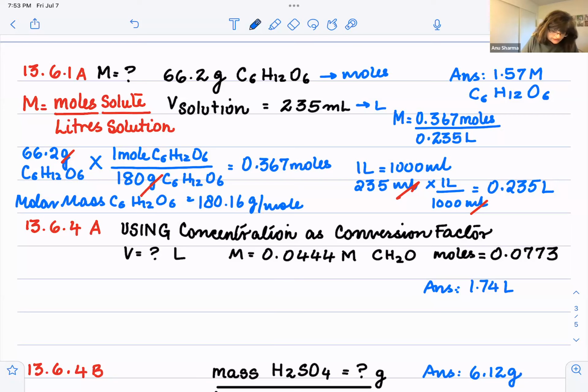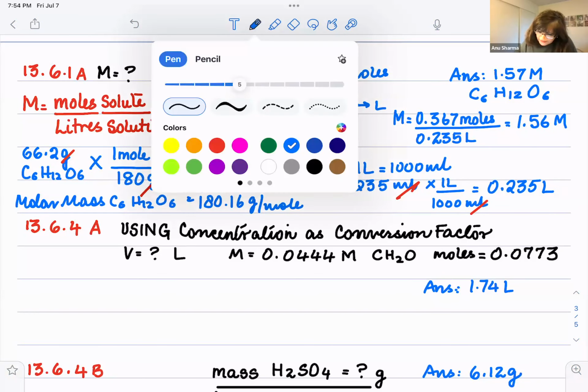So 0.367 divided by 0.235 gives you 1.56 molar. If one of the choices is 1.57, that's okay. But in this case, as you can see, this is the answer.